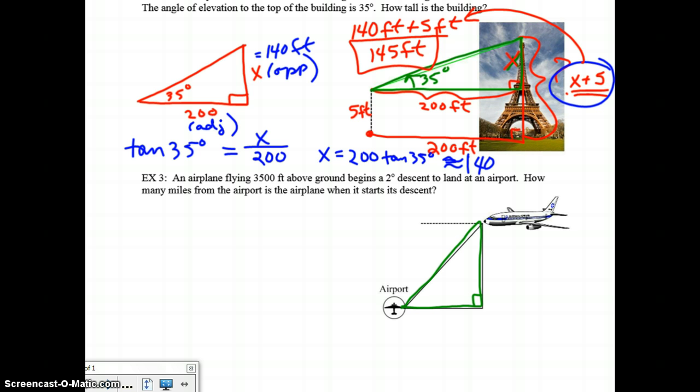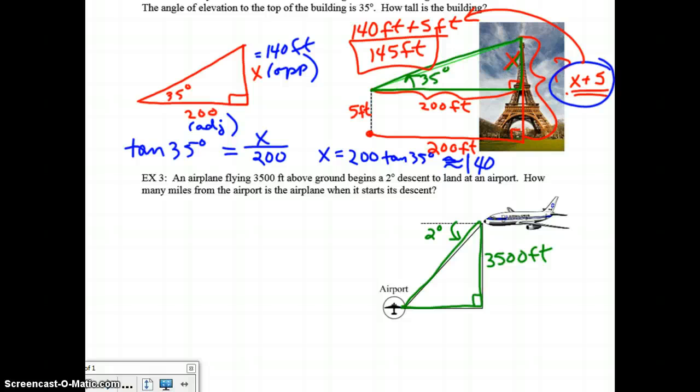There's our right triangle. And it tells us that the airplane is flying 3,500 feet above the ground. So that's the height of our right triangle. And it's descending, it's going down. That's our angle of depression, 2 degrees.